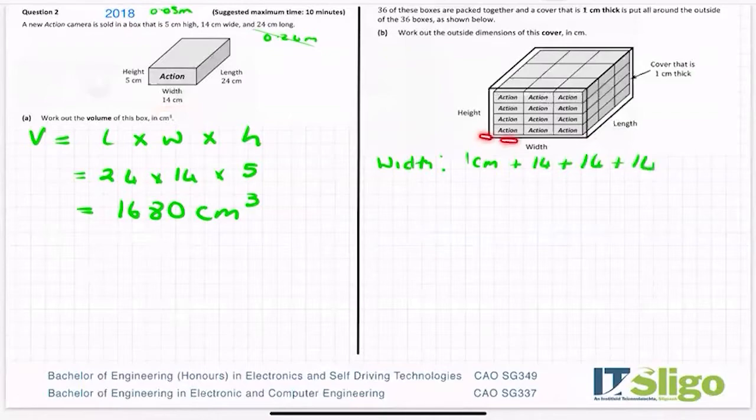So now I've done the cover, the box, the box, the box, and I just have the cover left. So that is 14 by 3, which is 42, plus the 2 on the outside. So 44 centimeters is what I'm getting for the width of that big box.